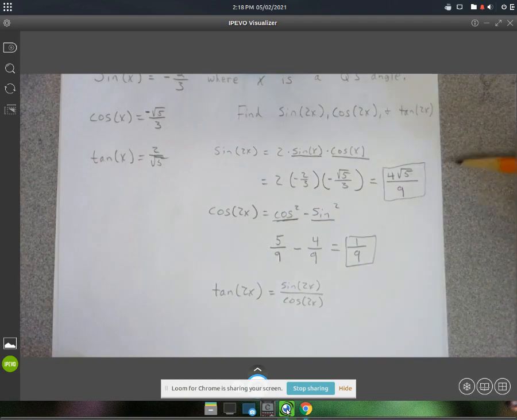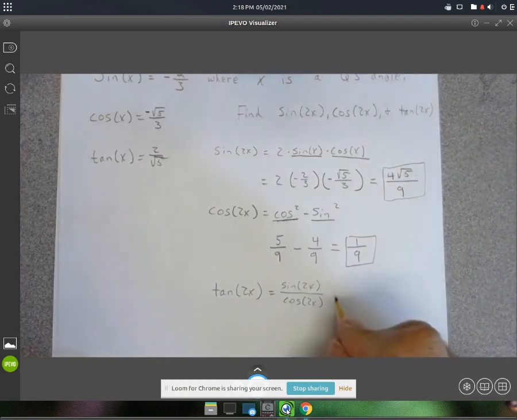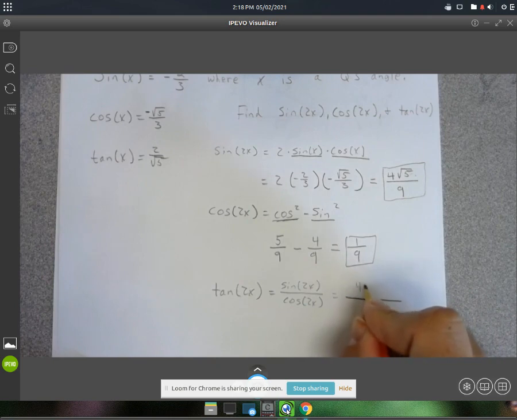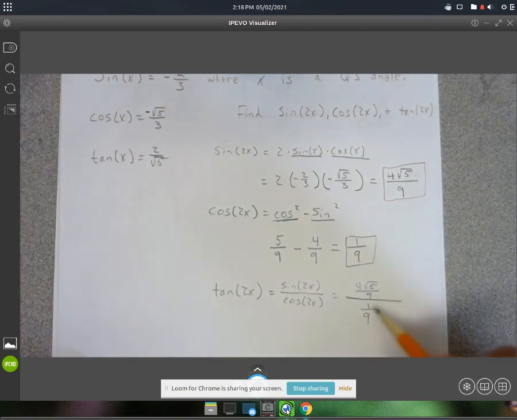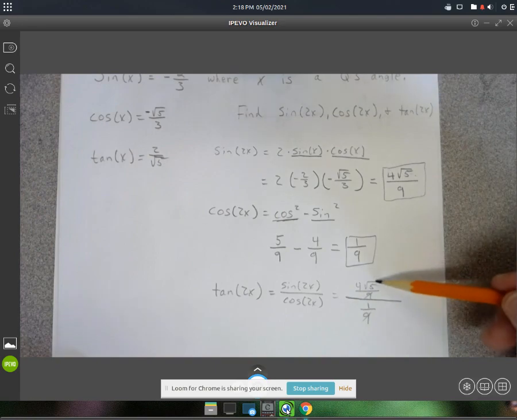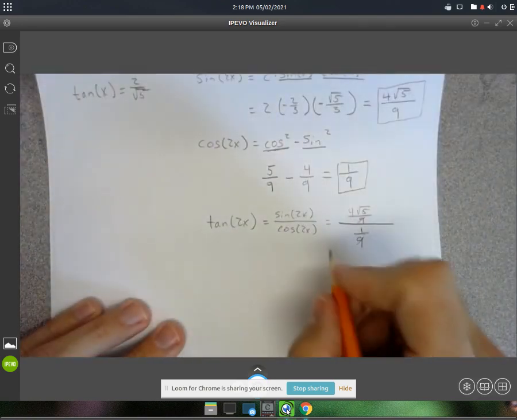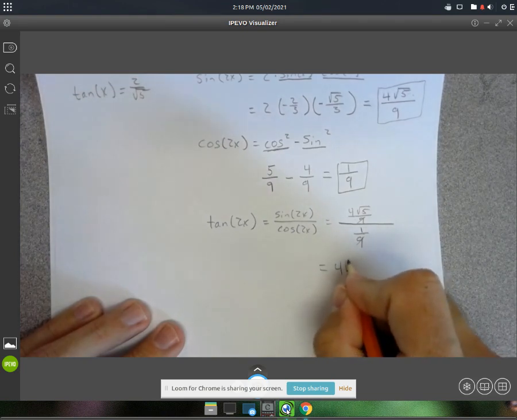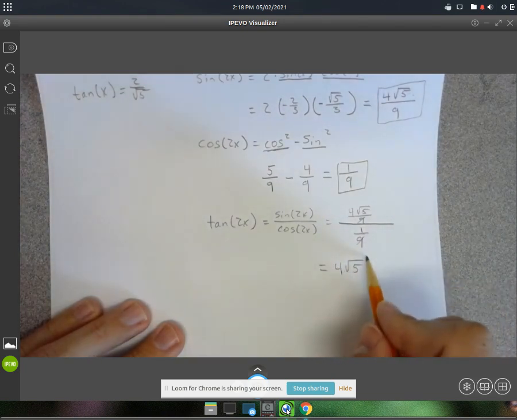All right. So we're going to take this fraction and put it on top of the other fraction. So 4√5 over 9, and then 1 over 9. And then what happens is your 9s end up canceling each other out. You get 4√5 over 1. So that's just going to end up turning into 4√5. All right.